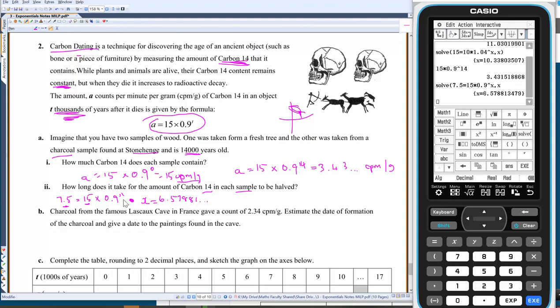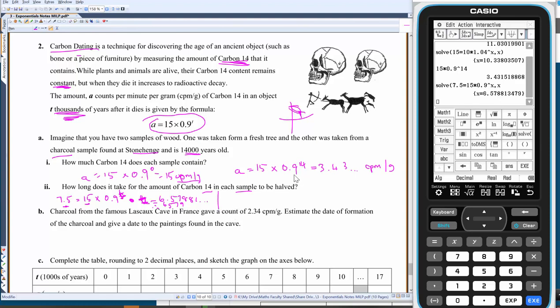What does that mean? Remember x or t is in thousands of years, so we should be consistent with our variables here. That should be a t, not an x. So therefore, 6,579 years until that gets halved.